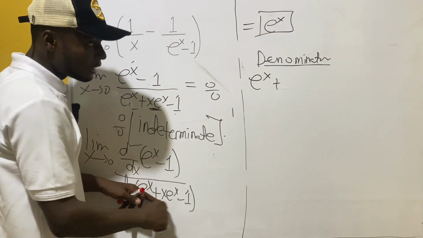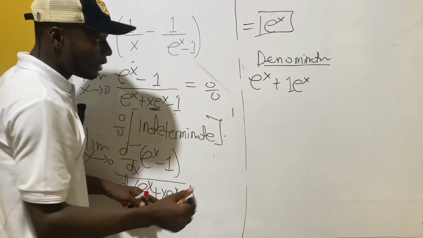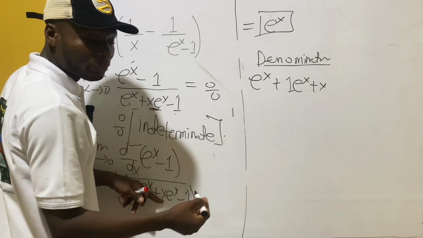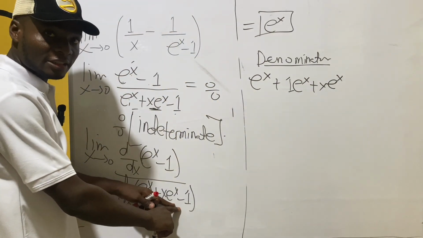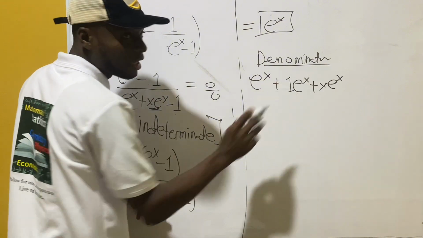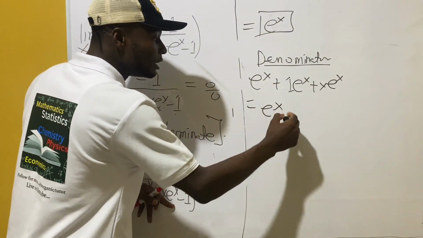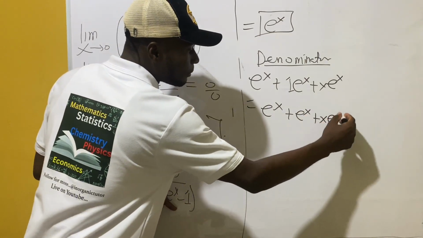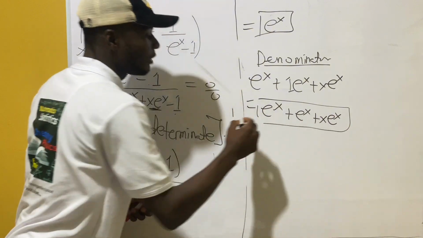We differentiate x, we have 1, then we maintain e power x. Then we maintain x and differentiate e power x, which remains the same, e power x. Differentiate -1 and we have 0, so we don't have anything at that junction. So we have the denominator to be e power x plus e power x plus x e power x.